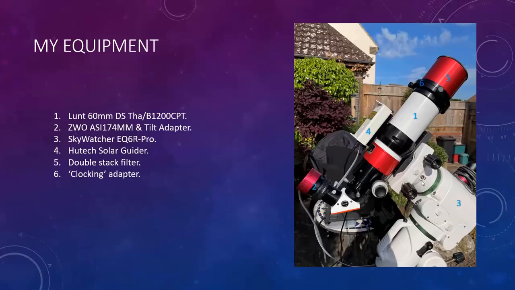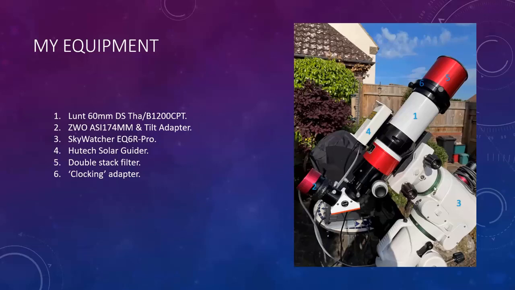I use it to point the mount to north. And I use an inclinometer to raise the scope to my correct latitude. That generally gets you in the ballpark.